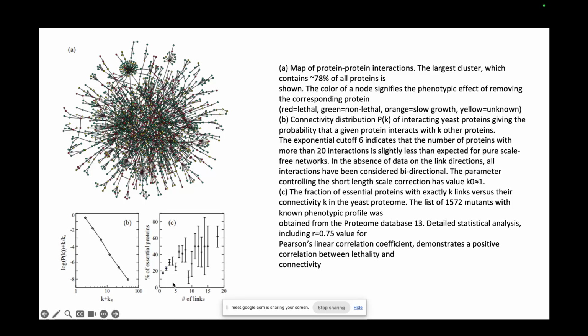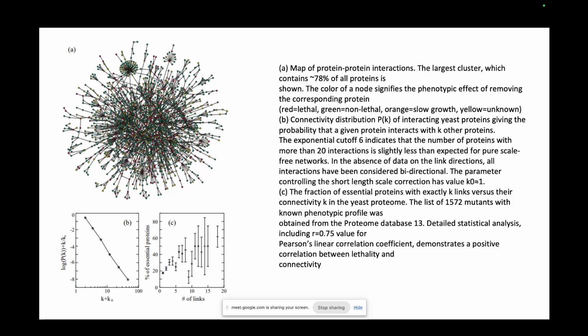It follows a straight line with a positive slope, which means increasing the number of links means that the protein is more essential to the network or to the particular phenotype. This is real-world data from a scale-free network, so it is a good example showing the centrality lethality hypothesis.